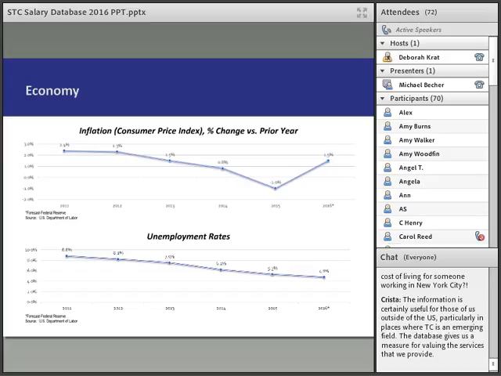Now, the one thing that should be noted here is that the 4.8% projection for 2016 is pretty spot on. Right now, through the first half of the year, it was at 4.9%, so the 4.8% seems pretty good as a realistic projection for 2016.